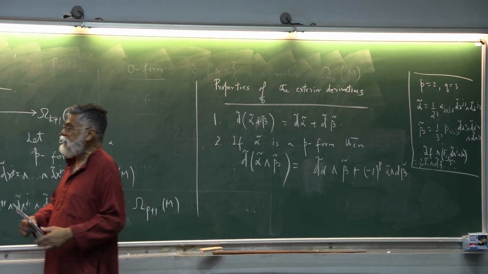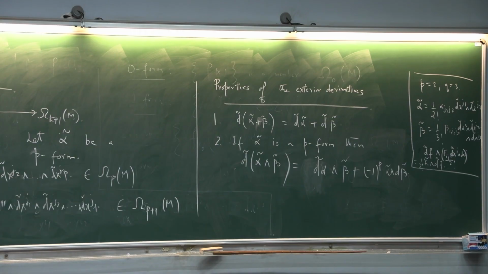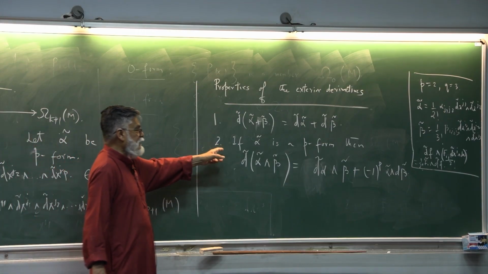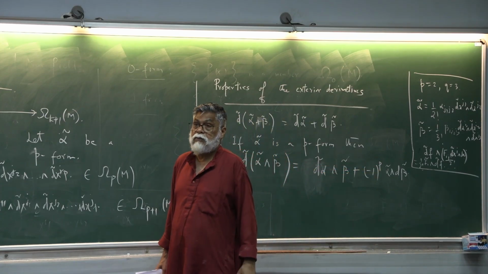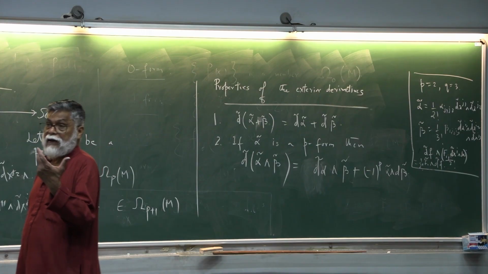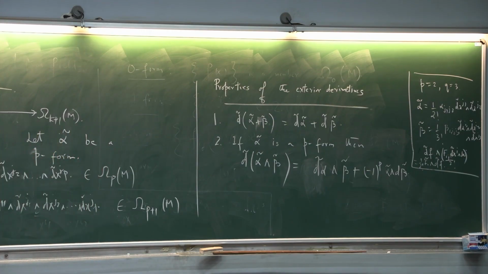What was our Leibniz rule, the derivative rule? Normally, if you have two functions, the differential satisfies the Leibniz rule: d of f times g is f dg plus df times g. But the Leibniz rule gets modified as far as the exterior derivative is concerned. This is very important. Only if the first form alpha is a p-form where p is even do you have the strict Leibniz rule.